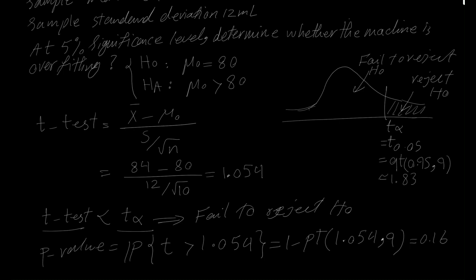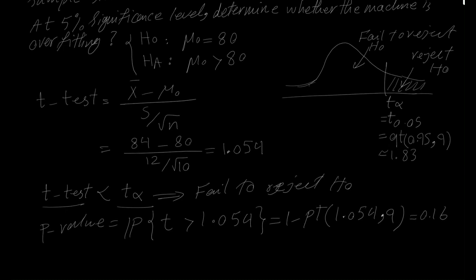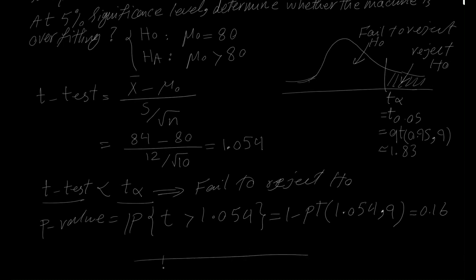And now I want to compare the p-value with respect to alpha. So let's suppose that alpha, which is 5%, is here. This is alpha. We know that if p-value is less than alpha, we can reject the null hypothesis. And if p is greater than alpha, then we fail to reject the null hypothesis.